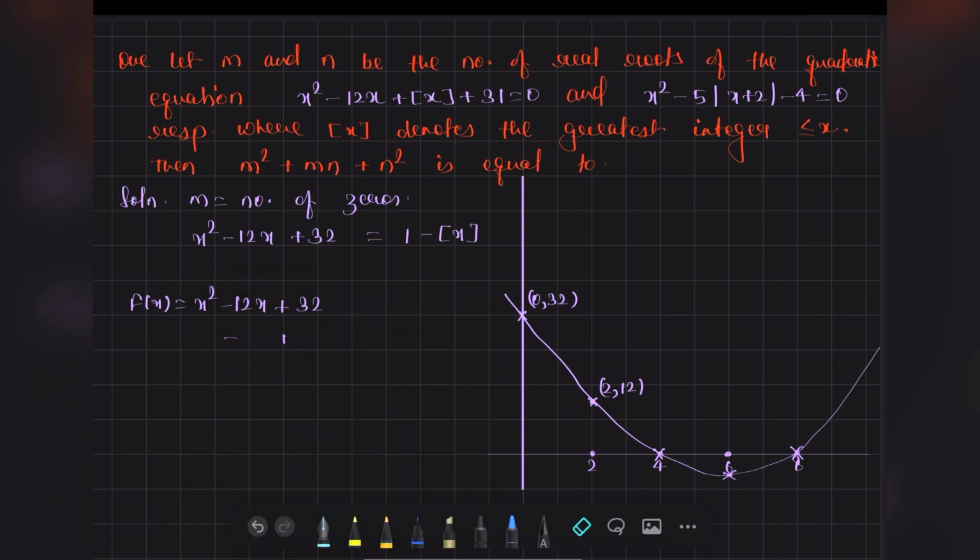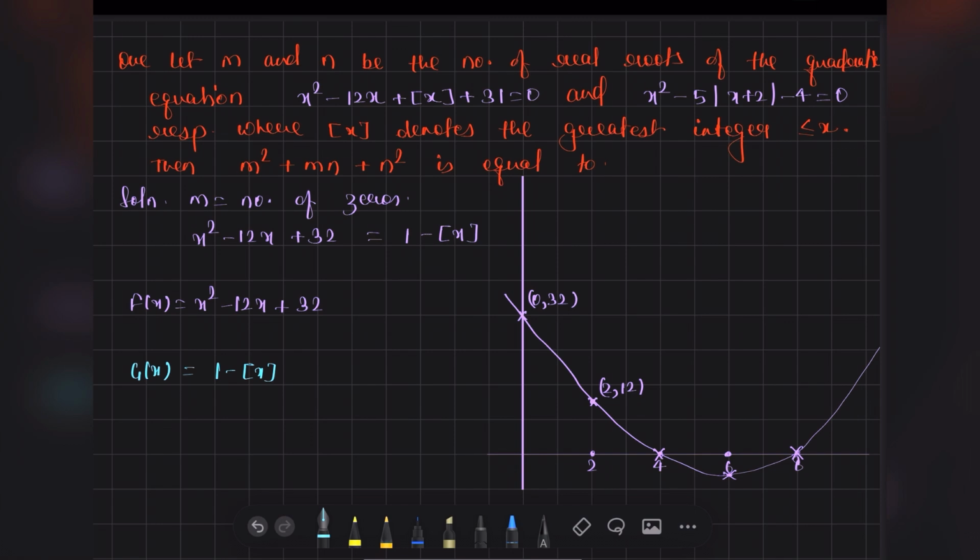Now we will try to draw the graph of the next function, that is g of x as 1 minus box x. Now if you take a number from 0 to 1, you know that box behaves this way.